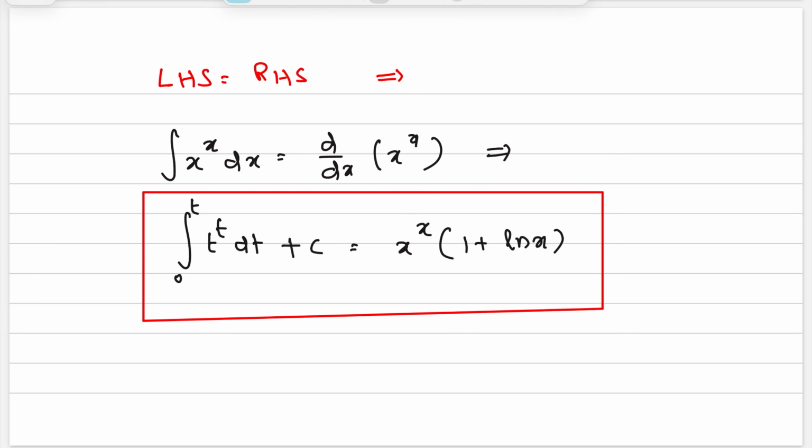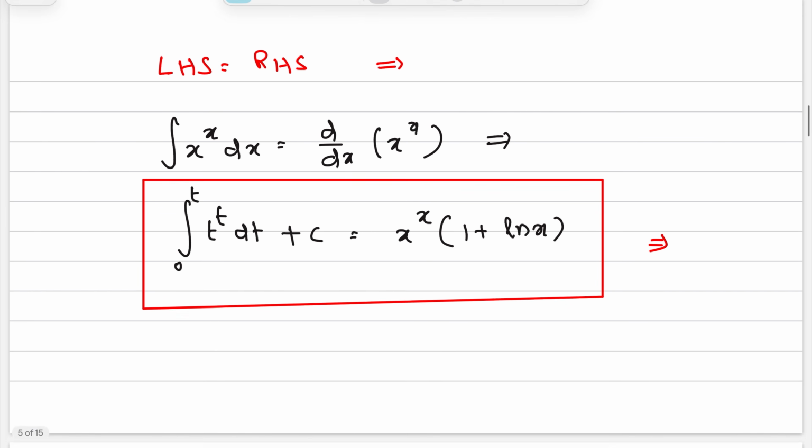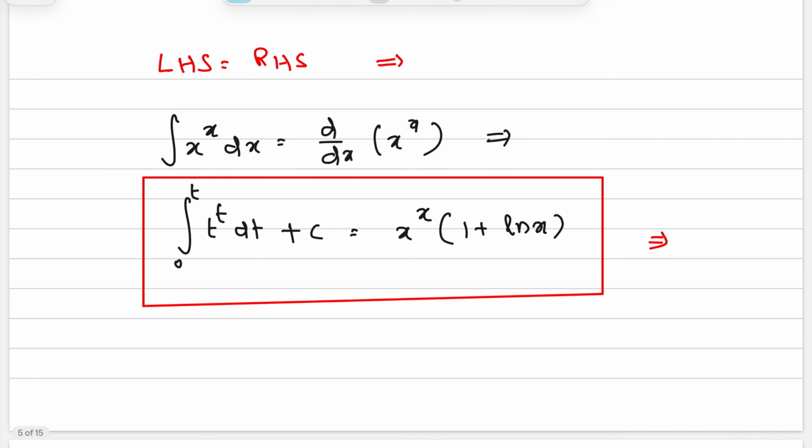Now, we can apply our differentiation. Now, what is the constant of differentiation? Ultimately, we have to find that to get the value of this. Here it is not t, it is rather x.